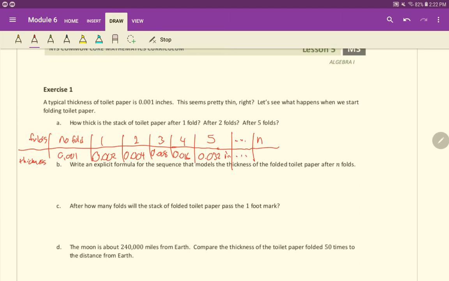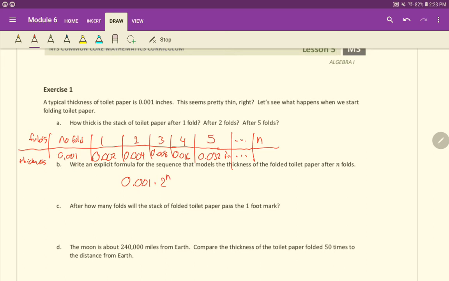Okay, well, so again, let's think about what happens. We started with this 0.001, and we're doubling it every time. But for no folds, it stays at that 0.001.